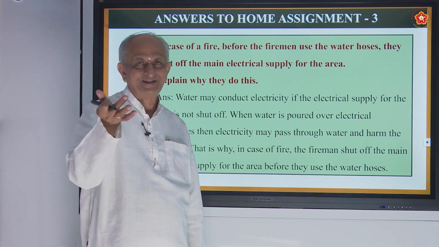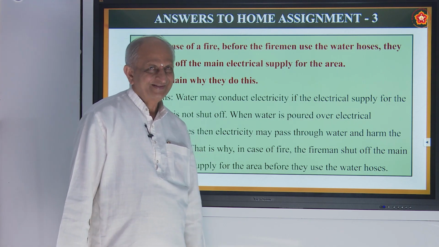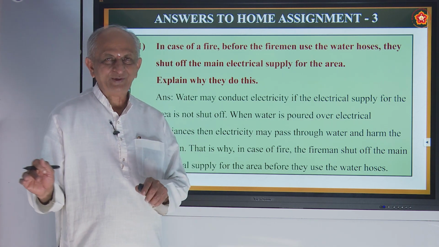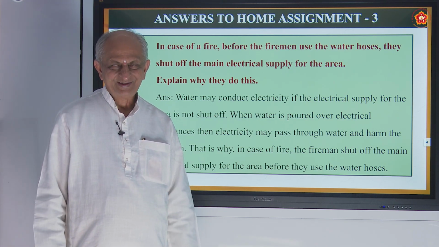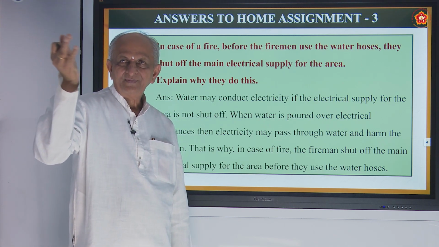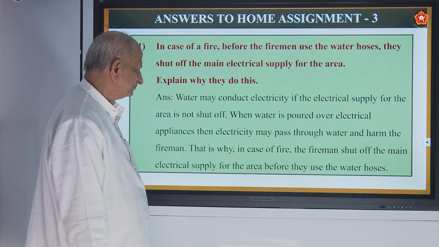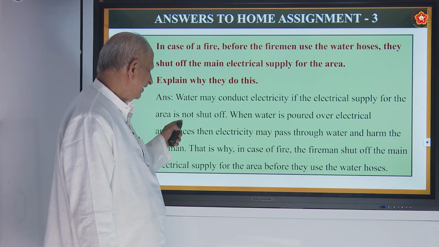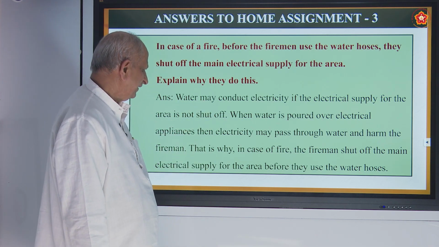Some of you might have experienced how the water gives shock, is it not? I think there may be nobody in this world without getting shock. It may be through water, it may be through the sockets, it may be through the gadgets and so on. Water also gives shock, is it not? That's why you should cut off the electrical supply.